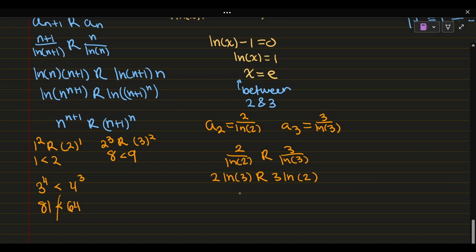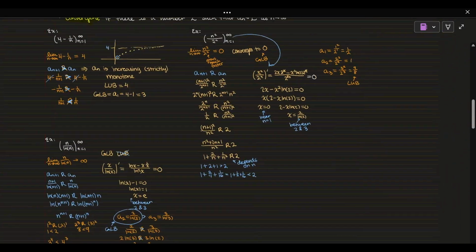And this tells me by log rules that 3 squared is related to 2 cubed. And 9 is strictly greater than 8, so this relation must have been greater than all the way up. And so I must have had that a_2 is greater than a_3, so a_2 must have been my greatest lower bound.